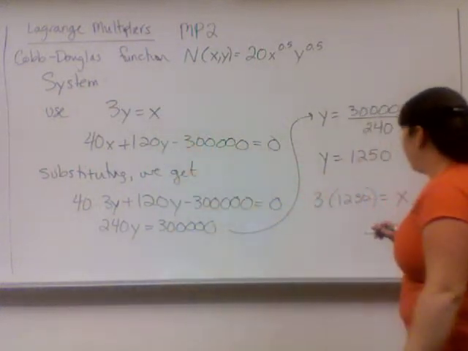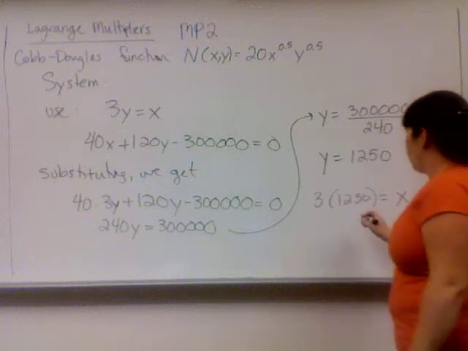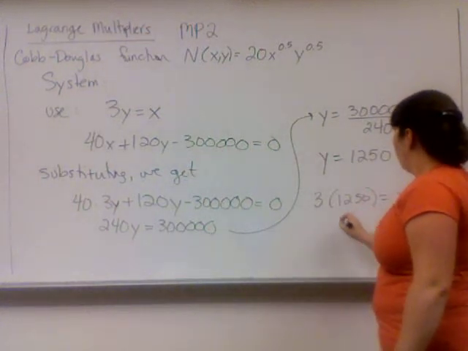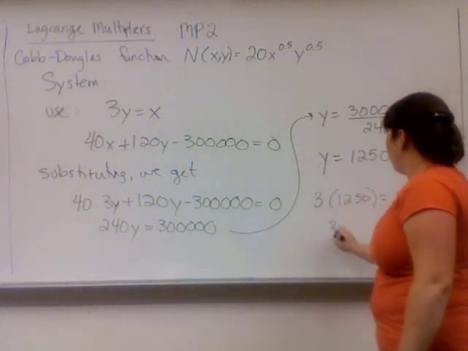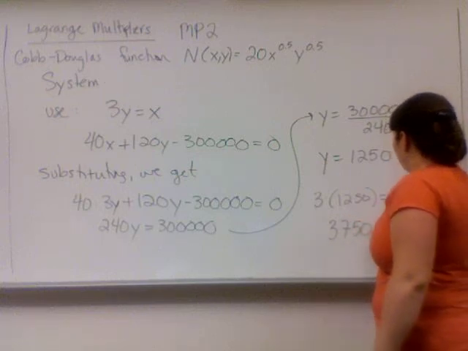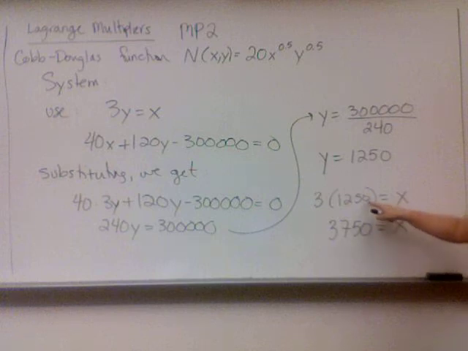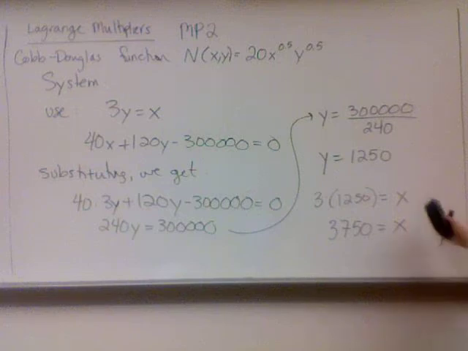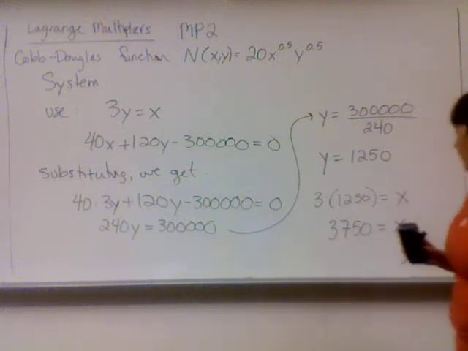And what is 1250 times 3? Well, that would be 3 in the front, and then this would be 3750. 250 plus 250 is 500, and 250 more would be 750 with a 3 out front. So we have our candidate point. It's the ordered pair 3750, 1250.